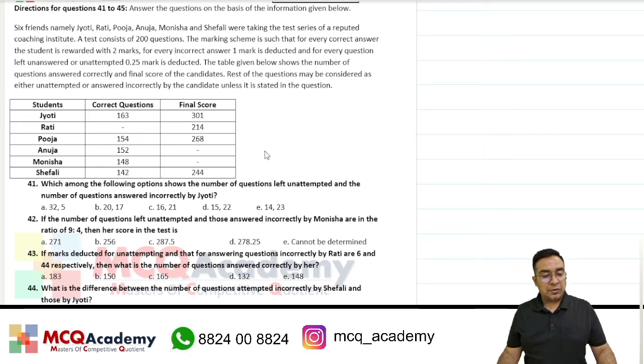Question number 41 to 45. Six friends, namely Jyoti, Rati, Pooja, Anuja, Monisha, and Shifali, were taking the test series of a reputed coaching institute. A test consists of 200 questions. The marking scheme is such that for every correct answer, the student is rewarded with 2 marks.